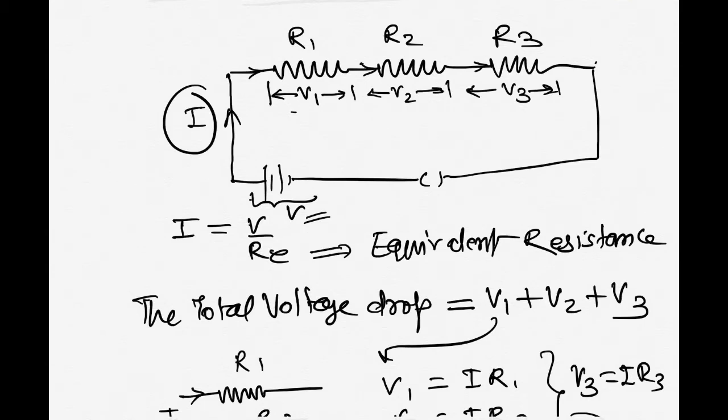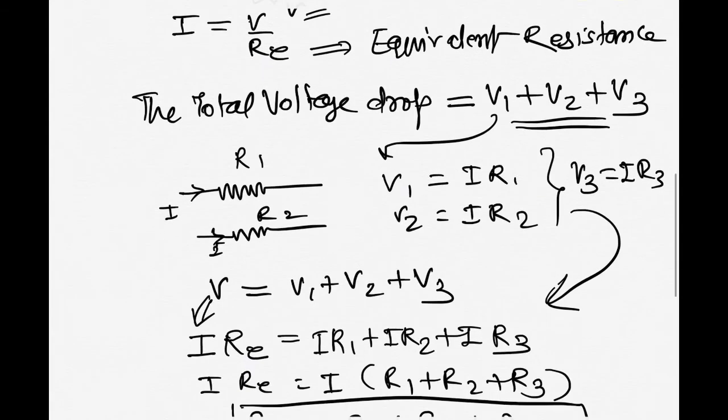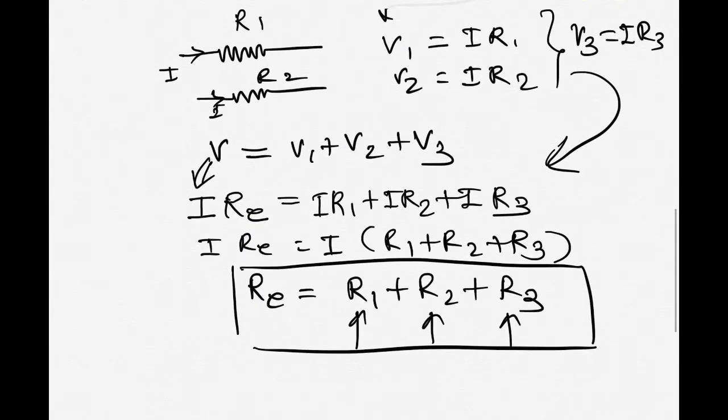So I is passing through R1, R2 and R3. The second thing is that the total voltage drop across these three resistors is equal to the summation of the voltage drops across the three resistors. And finally, the equivalent resistance of the circuit is the summation of the values of these individual resistances.